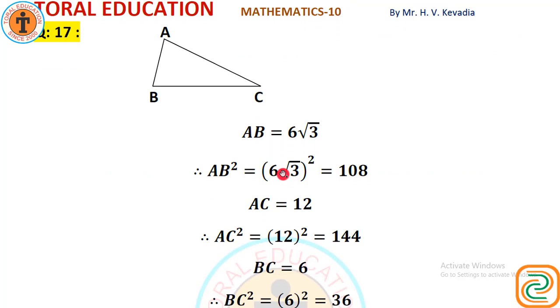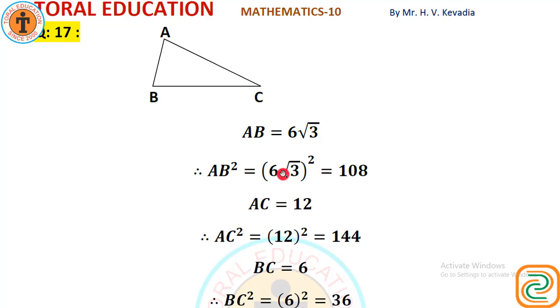Question number 17. Tick the correct answer and justify. In triangle ABC, AB equals 6 root 3 centimeter, AC equals 12 centimeter and BC equals 6 centimeter. The angle B is?